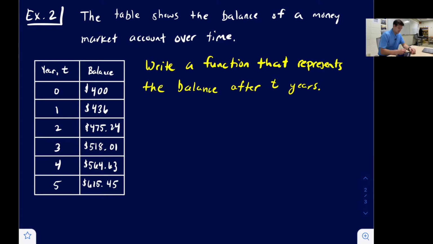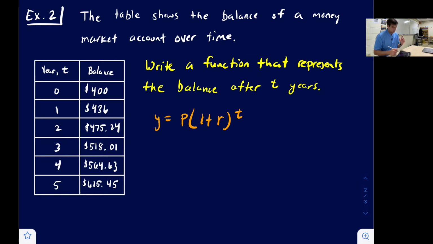So essentially we're going to be using just our exponential growth equation. So y equals p. I know in our exponential growth equation we had an a in there, but since we're talking about an investment account, we're going to use the word principal. That's our initial investment amount. So we're going to say y equals p times 1 plus r, raised to the t power.